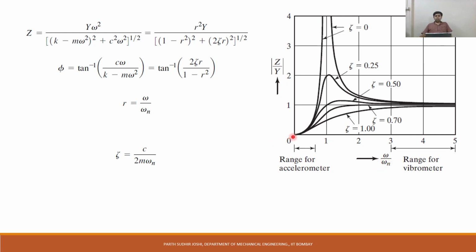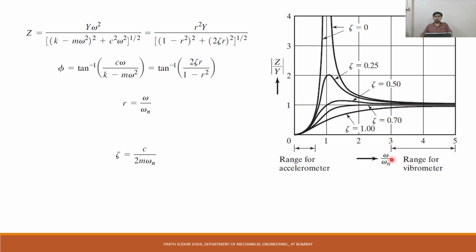So we can see that as the frequency goes on increasing, the steady state amplitude goes on increasing, and when this frequency ratio matches the natural frequency, the steady state amplitude actually peaks, and then as the frequency ratio increases, this amplitude ratio converges to nearly 1.